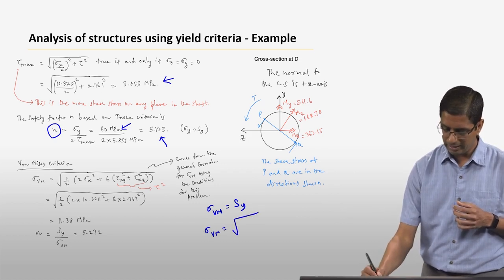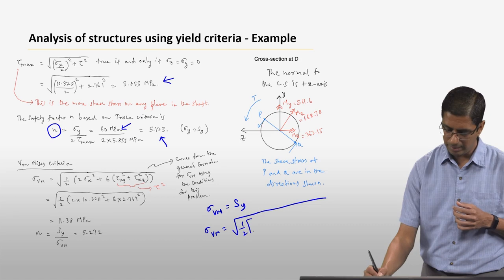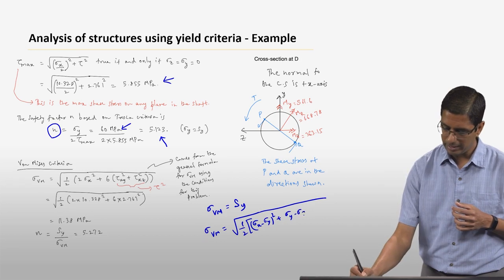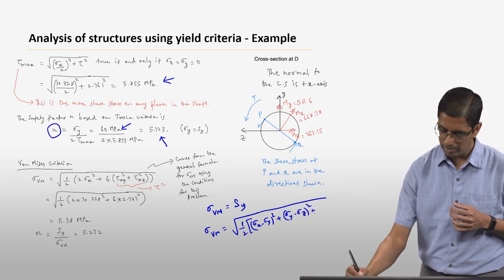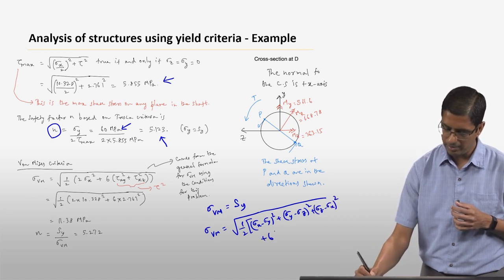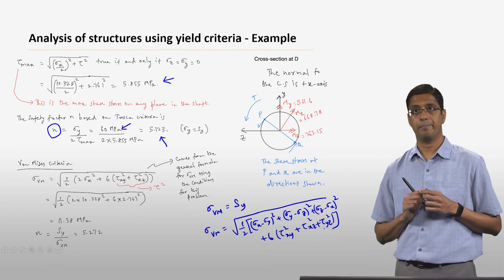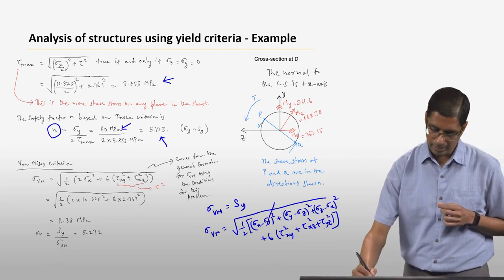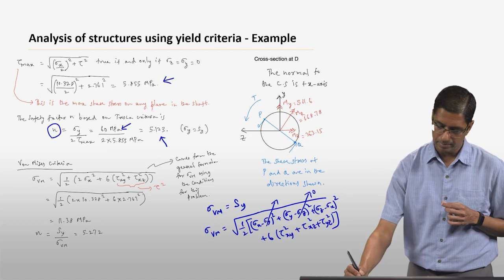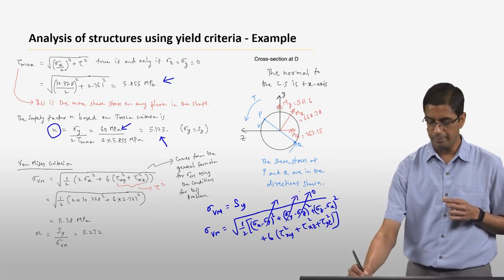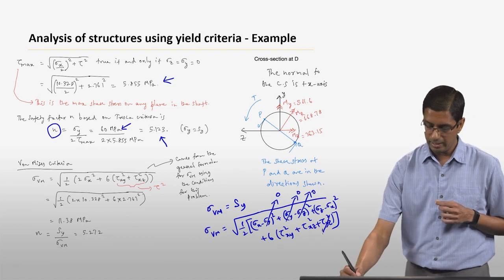It is a fairly long expression: half times (sigma x minus sigma y) the whole square plus (sigma y minus sigma z) the whole square plus (sigma z minus sigma x) the whole square, plus 6 times (tau xy square plus tau xz square plus tau yz square). That is the expression for sigma von Mises. Now, in this case, sigma y is 0, sigma z is 0, and tau yz is 0.